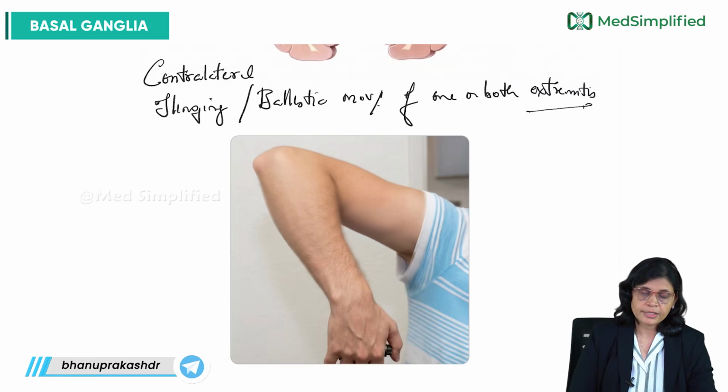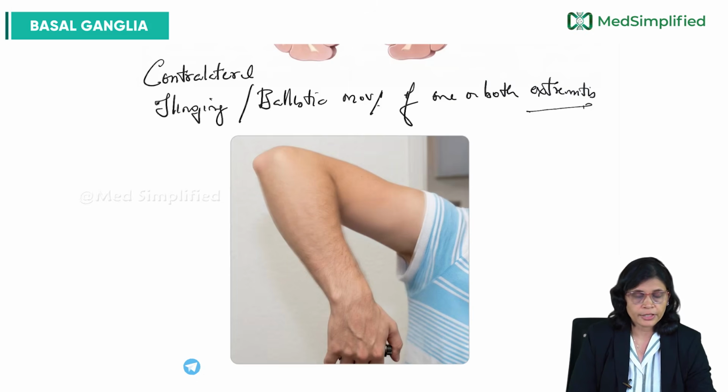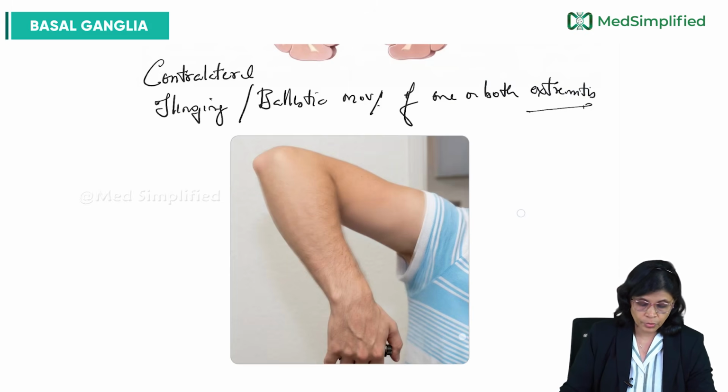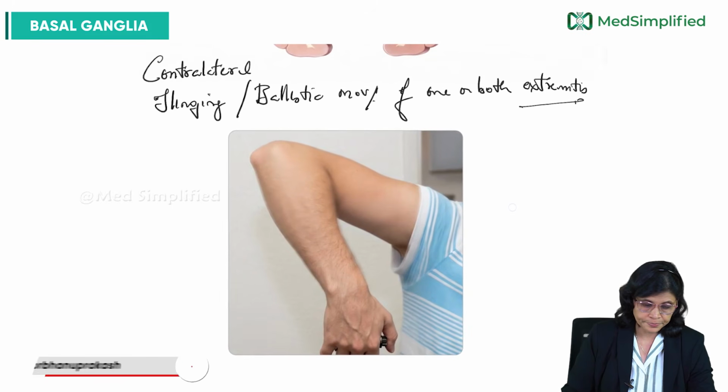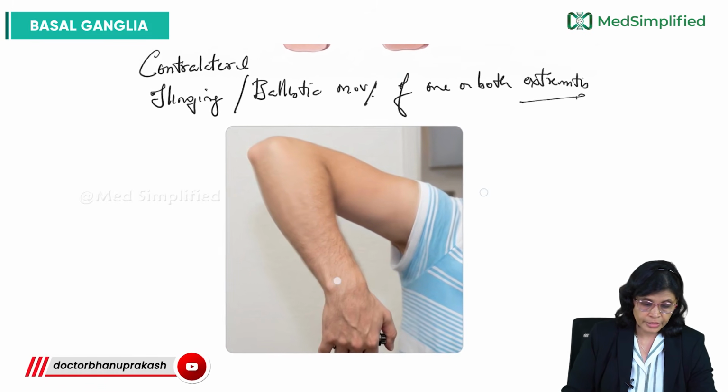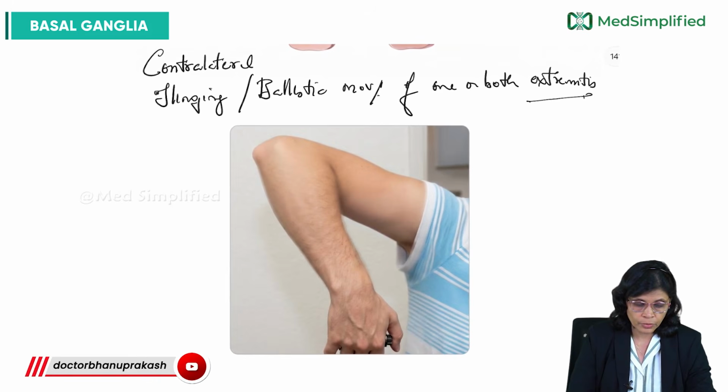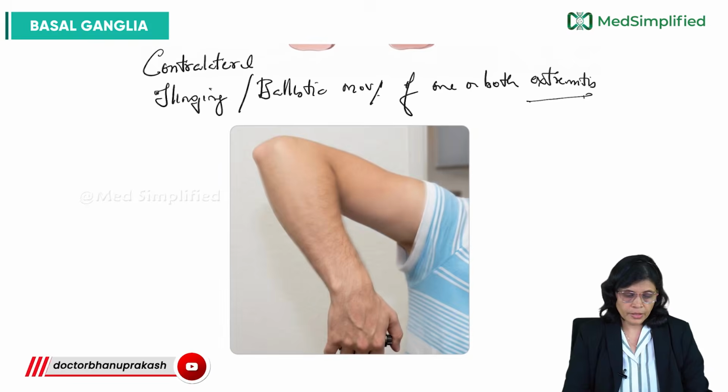If the disease is restricted just to one limb, we call it monoballismus. If it involves both upper and lower limbs on the contralateral side, we call it hemiballismus.